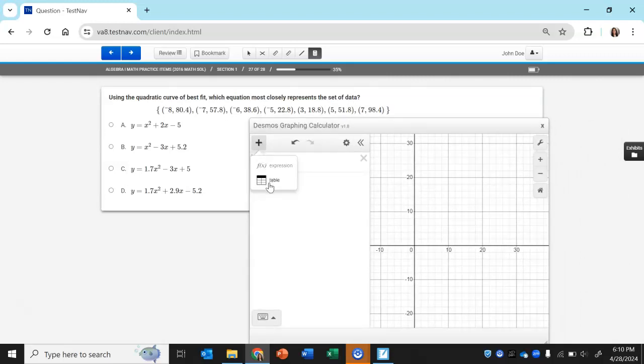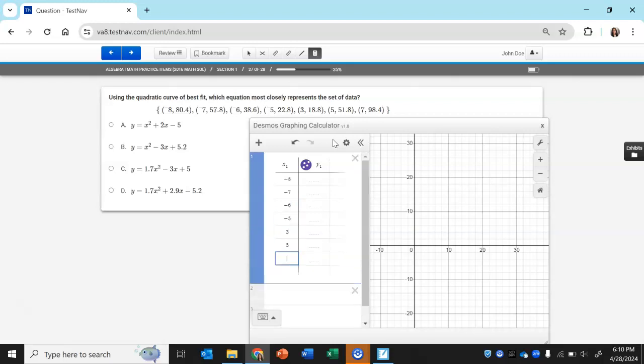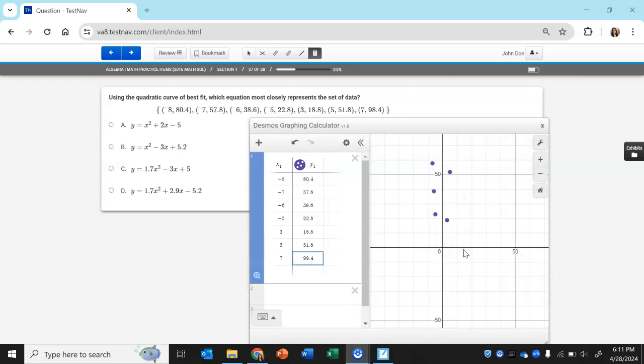I'm going to press that, and then plug in the x values: -8, -7, -6, -5, 3, 5, and 7, and then plug in the other values. I'll pause the video here. Alright, I went ahead and put in my values, and it's asking me what is the equation for the curve of best fit.